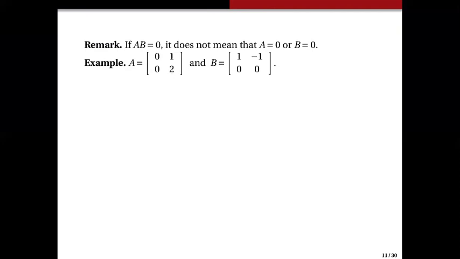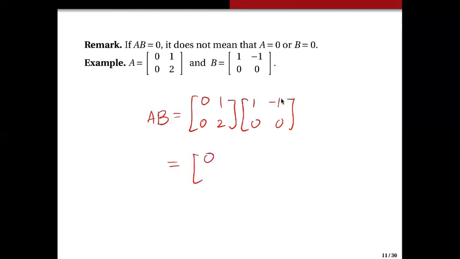But if you multiply AB here, you have 0, 1, 0, 2, multiplied by 1, negative 1, 0, 0. So here you have 0 times 1 plus 1 times 0, that's just 0. The same is true with this entry, 0 times negative 1 plus 1 times 0, that's 0. And here you have 0 times 1, that's 0, plus 2 times 0, that's 0, and also here.